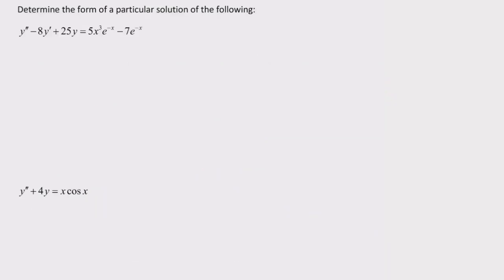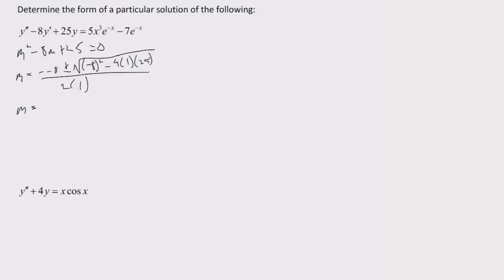Okay, so just like always, and I'm going to speed up the complementary solution so we can focus more on the particular solution. So write the auxiliary equation, m squared minus 8m plus 25, and when I solve that equal to 0, that's going to give me m equals negative 8 plus or minus the square root of negative 8 squared minus 4 times 1 times 25, all over 2 times 1.